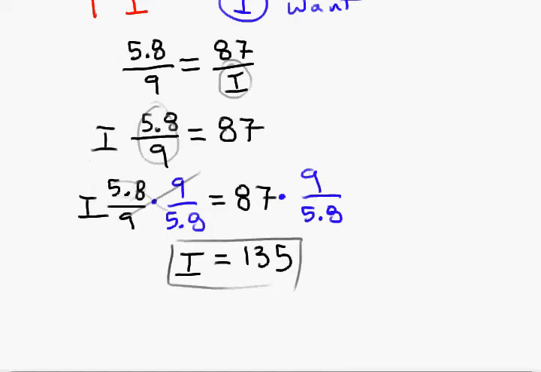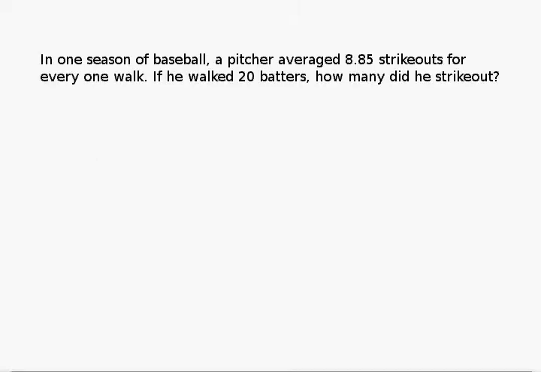Let's take a look at another problem like this. Hey, it's another baseball question. In one season of baseball, a pitcher averaged 8.85 strikeouts for every one walk. If he walked 20 batters, how many did he strike out? That's a lot of strikeouts per walk.